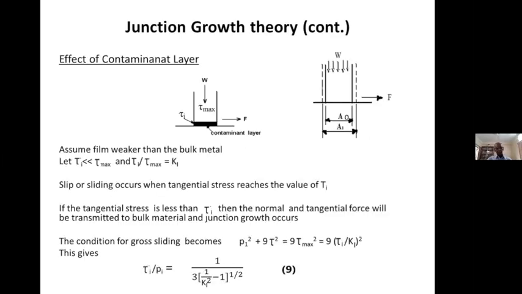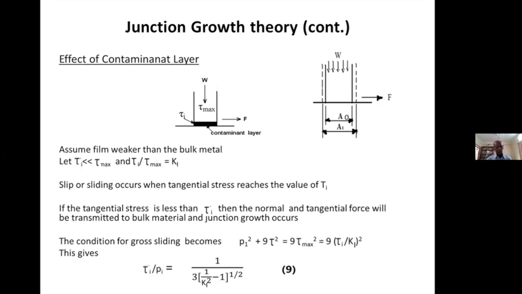Now, whenever there is a contact in air, unless it is absolute vacuum or very special circumstances, there will be some contaminant layer, atmospheric layer or some other layer. So basically, if we want to consider junction growth theory in reality, we must consider a contaminant layer.